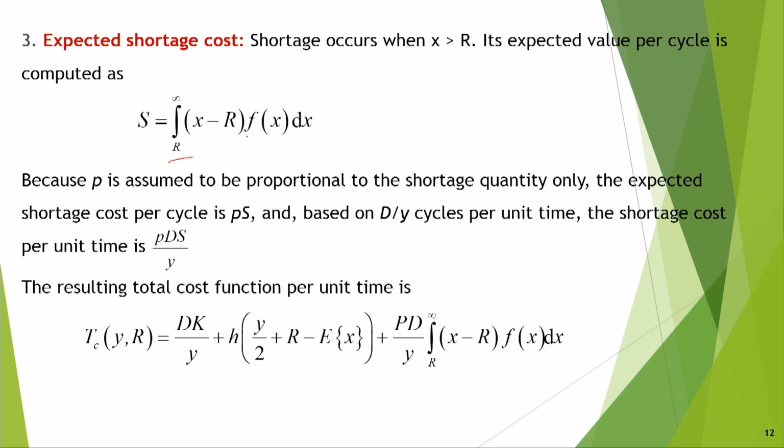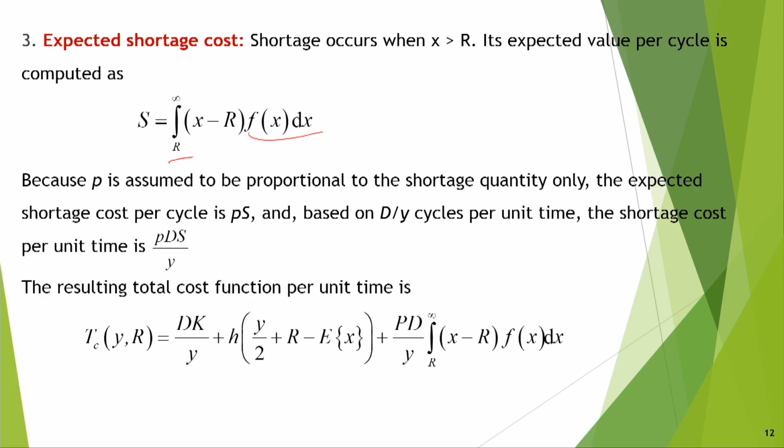So f(x) dx becomes the probability, and probability multiplied by the variable gives you the expected quantity. This is assumed because the penalty is proportional to the shortage quantity only. The expected shortage cost per cycle is PS.